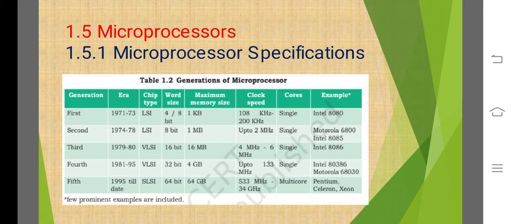Only a single chip is used. The processor or CPU which is implemented on a single microchip is called microprocessor. That particular chip is known as microprocessor, through which the whole system is managed.